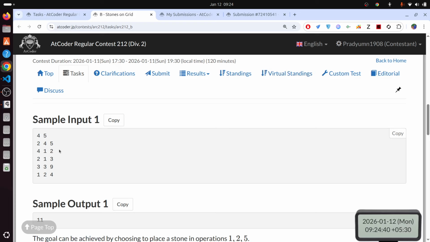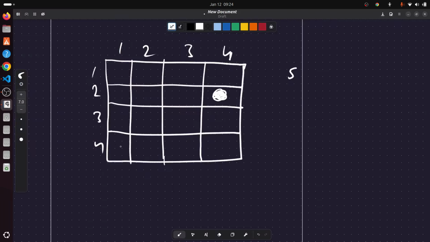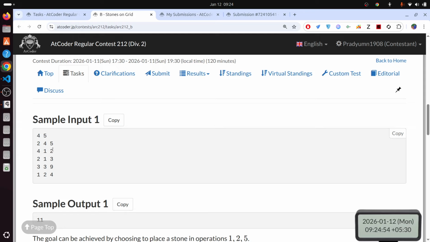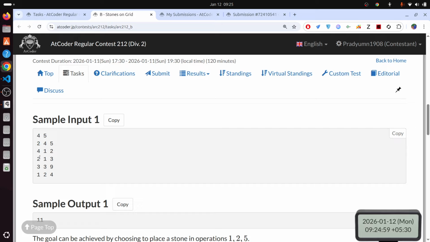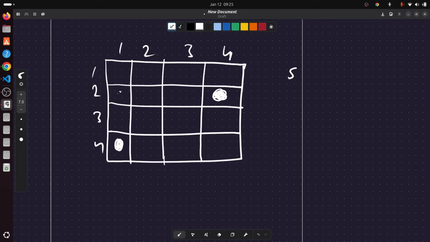Then we may or may not put a stone on 4 1 2, like on 4 comma 1, so row 4 column number 1. So either we can choose to put a stone here or not, and if we choose to put a stone here, it will cost us 2 coins. So let's say we put a stone here, then 2 1 3, that is we can choose to put or not put a stone here. So let's say I choose not to do that.